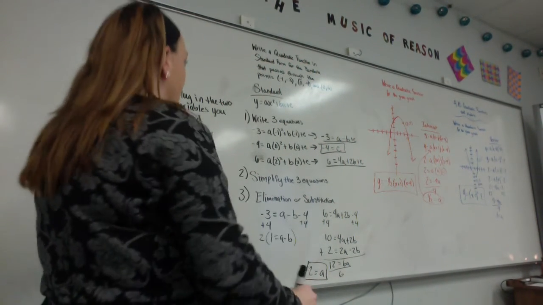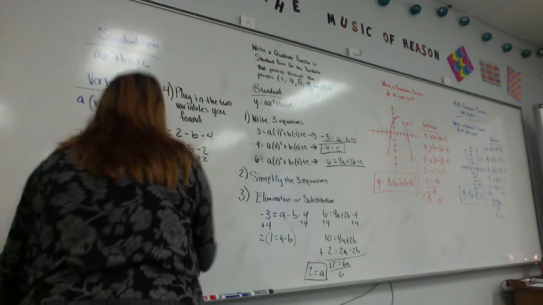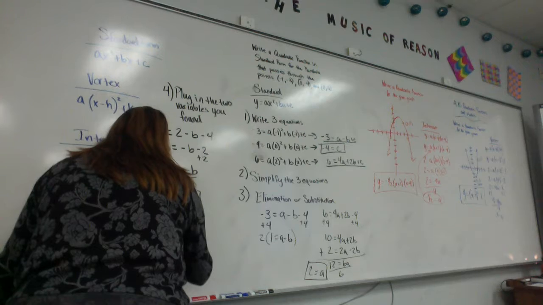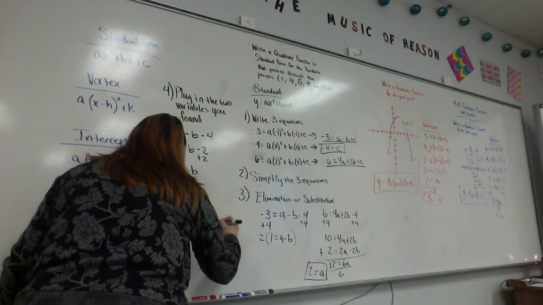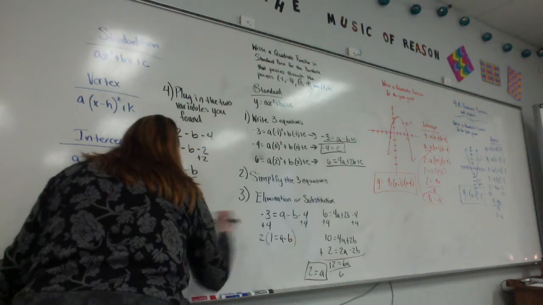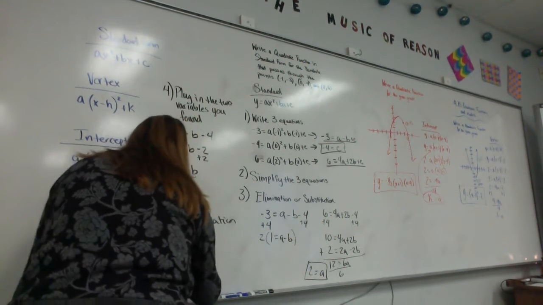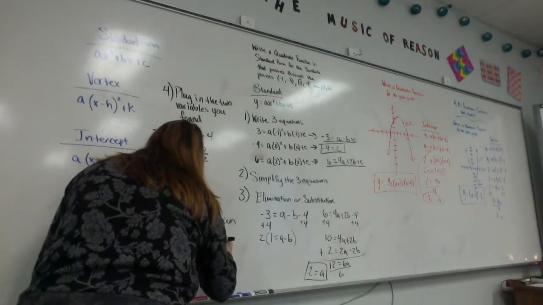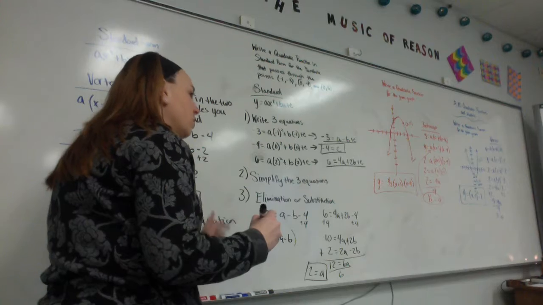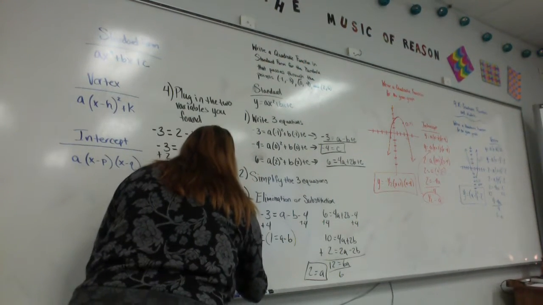Now look, A, B, C. Step 5 is write your equation. And I have y equals, my A is 2, so 2x squared. My B is 1, so just x. That's how they're going to write it in your book. You can put a 1 there. And then my C is negative 4.